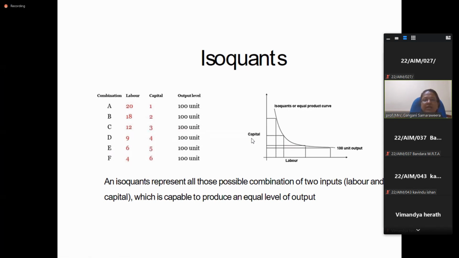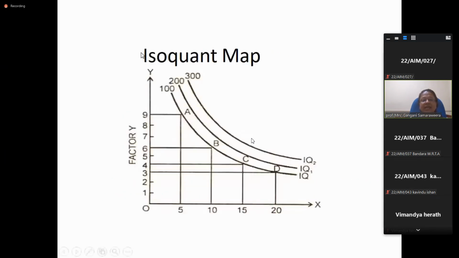Okay. So here we can say isoquant map because here let's say 10 kilograms of paddy, 100 kilograms, 200 kilograms, 300 kilograms. Production levels differ. Different input levels we use. Okay.